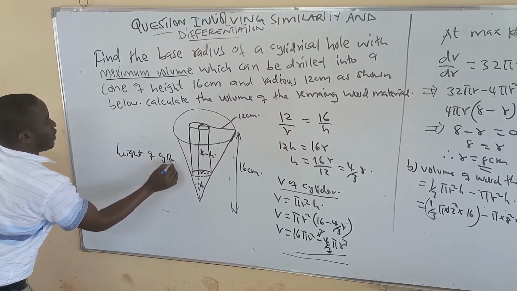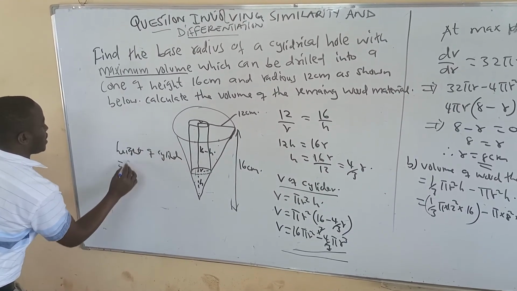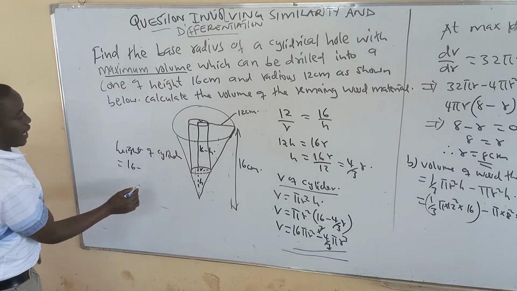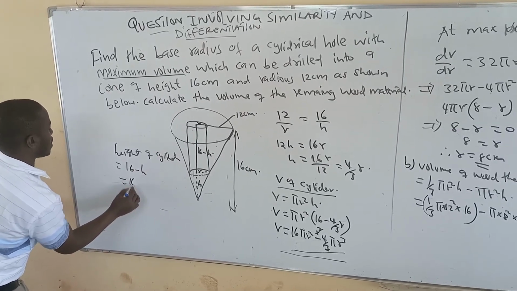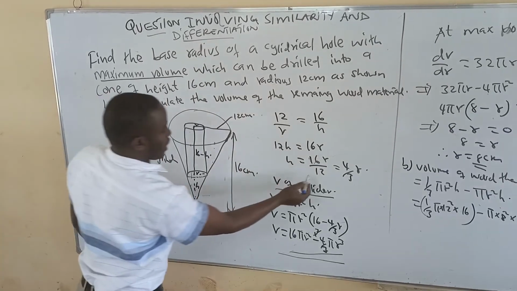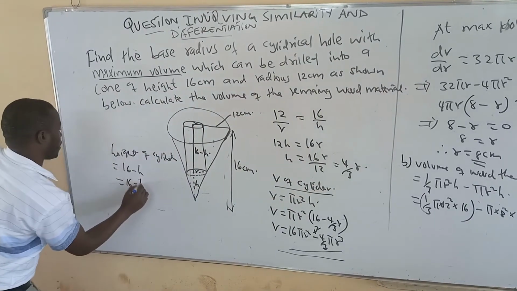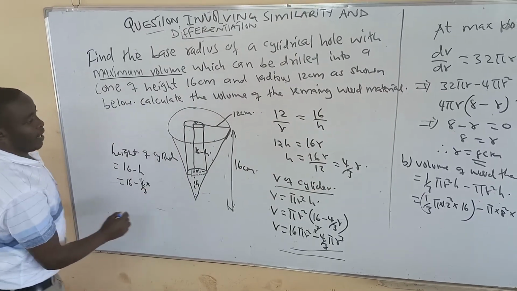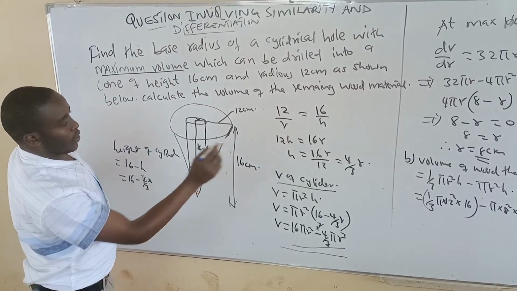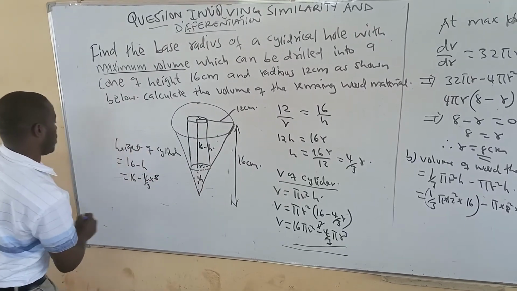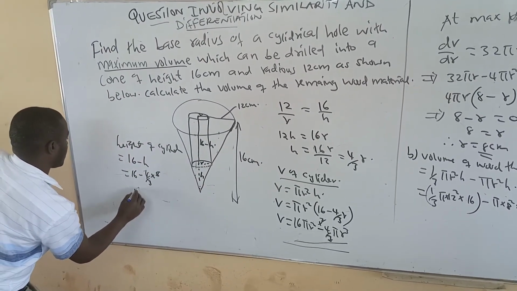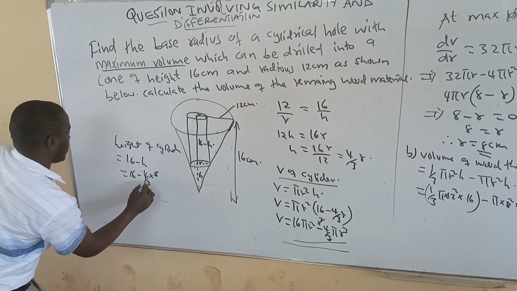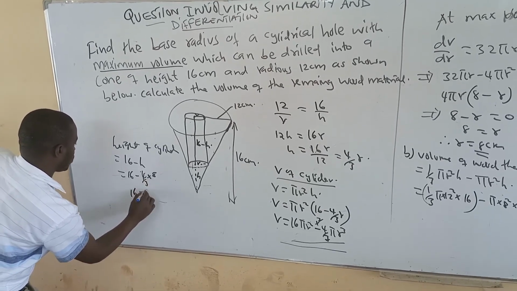Our h we got here is 4 over 3 times r, and our r is 8. So it is 16 minus 32 all over 3.